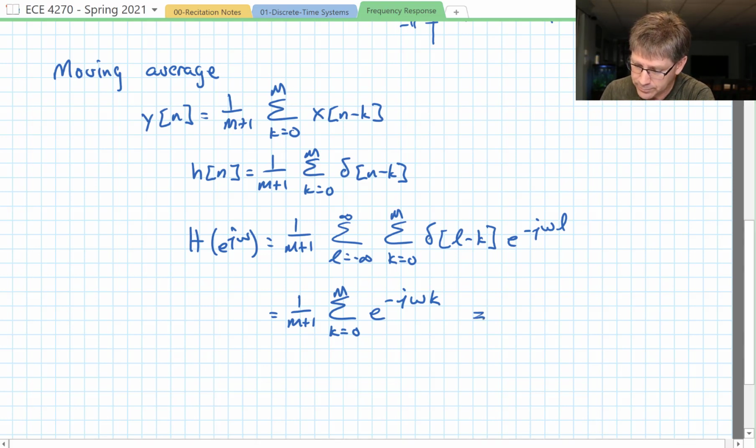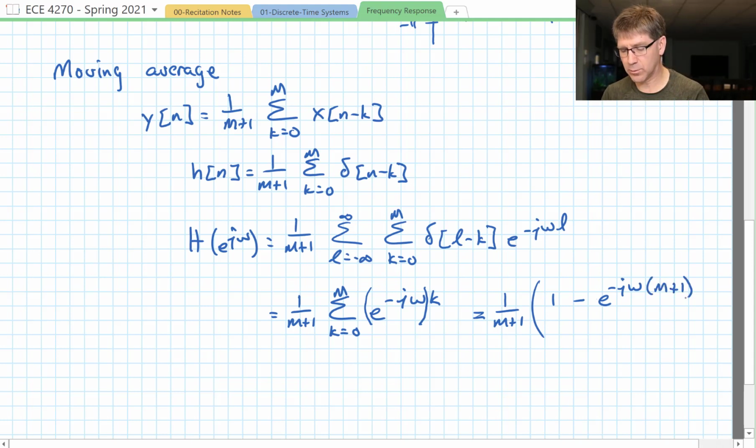Well, fortunately, if we have a sum of some value raised to a power, that's equal to 1 minus that quantity raised to m plus 1, a value 1 greater than the highest power summed, over 1 minus the quantity that's raised to the power. So there we go.